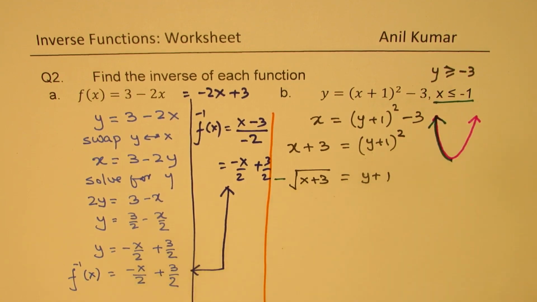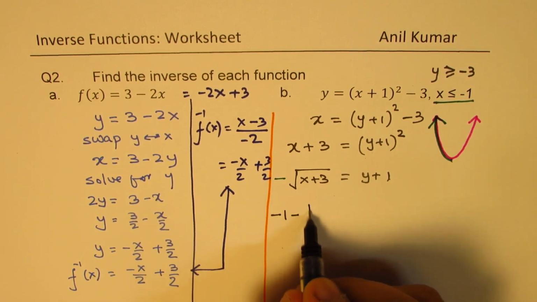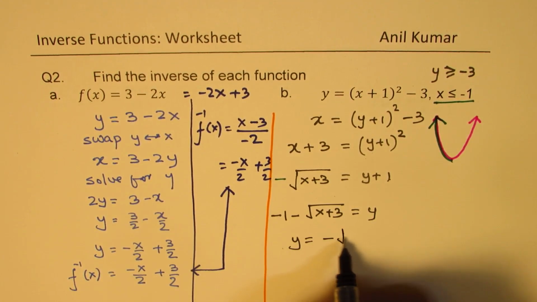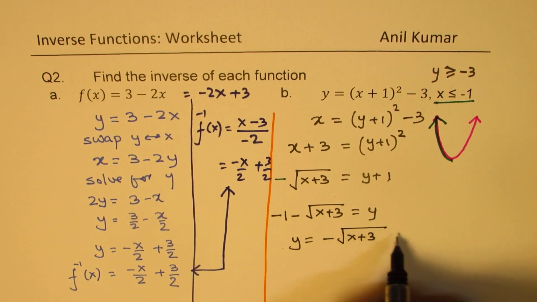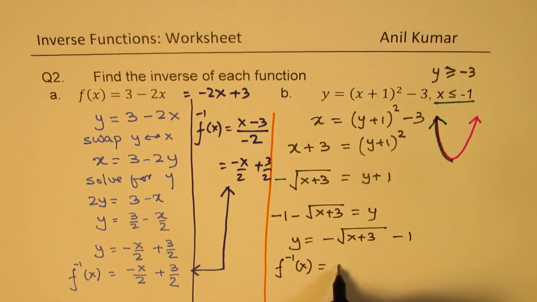So that is very important to understand. And now you can take y on this side, because minus 1 minus the square root of x plus 3 is equal to y, or y is equal to minus the square root of x plus 3 minus 1, or the inverse of this particular function is equal to minus the square root of x plus 3 minus 1.